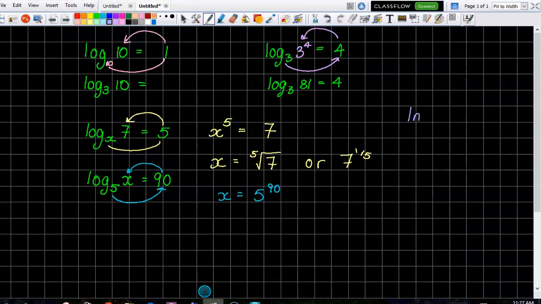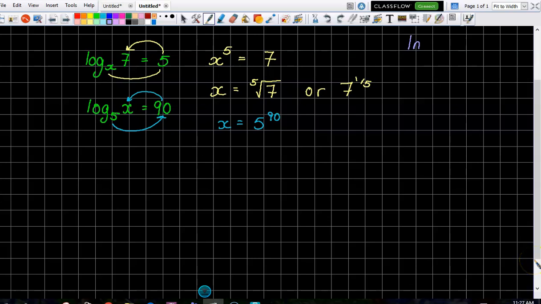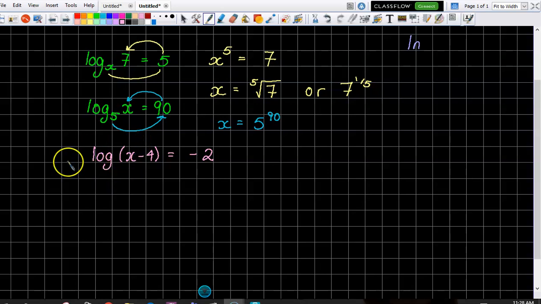So this is just summarizing everything, and don't worry, I'll save this so you don't have to write all of this stuff down. If I've got log x equals, in this case you're going, I need to get to x. So you're asking yourself, well, I want to get to this x here. How do I get rid of log?